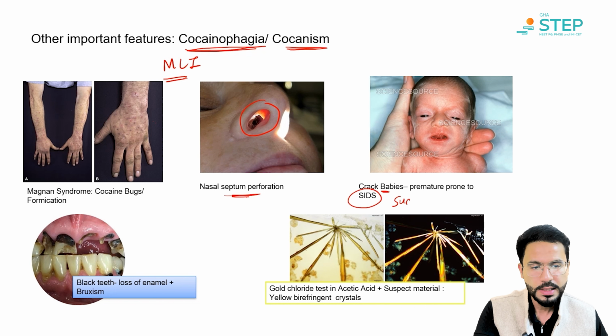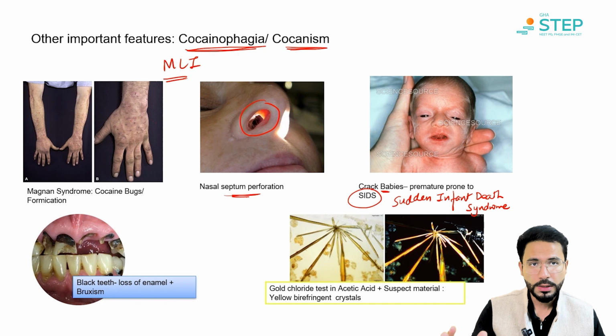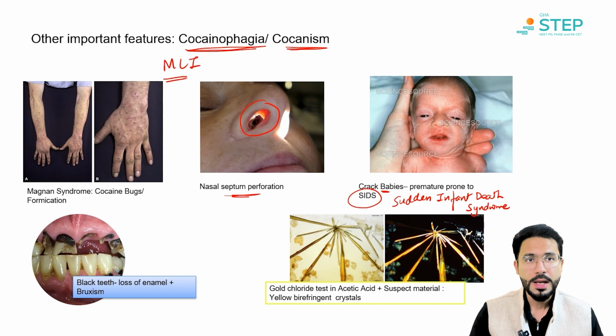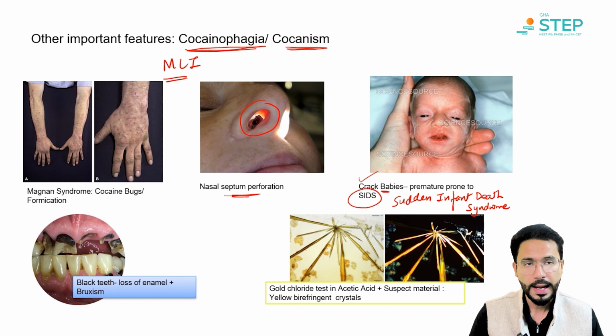What is SIDS? Sudden infant death syndrome. So women who are ingesting cocaine chronically, if they are pregnant, those babies are more prone to SIDS, also known as crack babies.